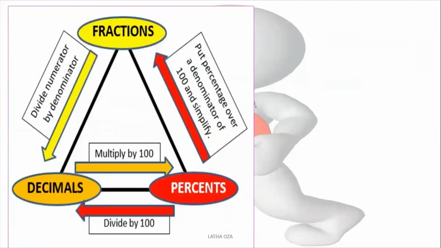The relation between the fraction and the decimal and the percentage: a fraction can be converted into decimal by dividing the numerator by the denominator, and the decimal to the percent you have to multiply by 100. In the percentage to fraction, put the percentage over a denominator of 100 and simplify, and percentage back to decimal you have to divide by 100.